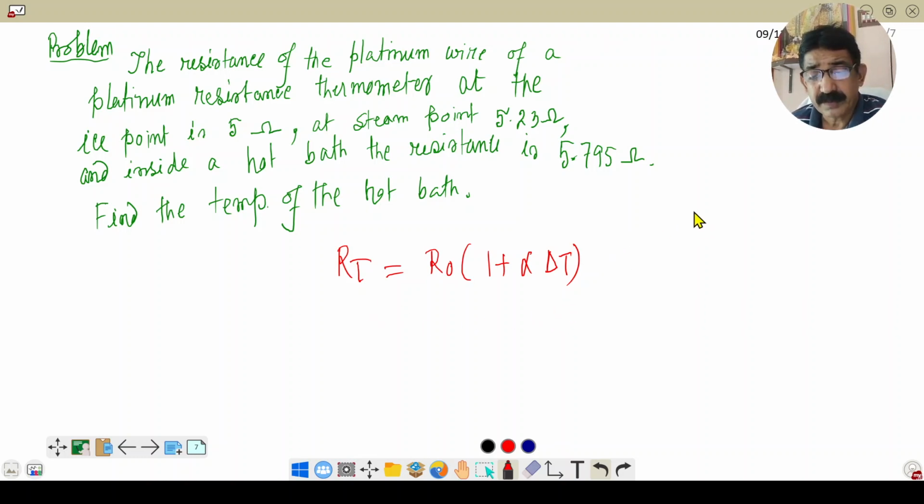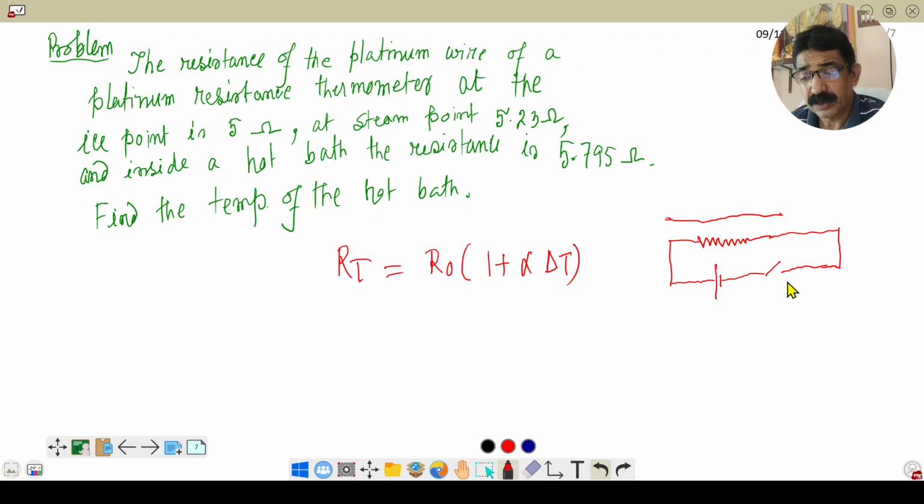Now, suppose there is a platinum wire, and this platinum wire is taken like this in the form of a resistance. So this is the platinum wire and it is connected with a battery and a switch or key.